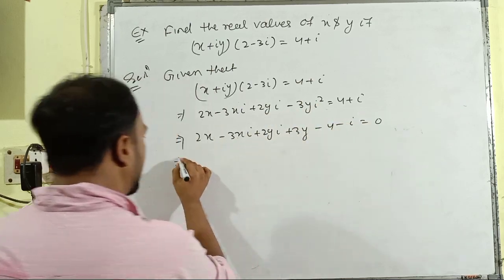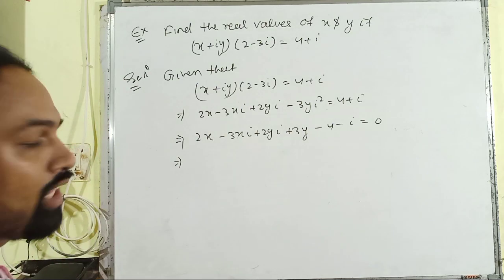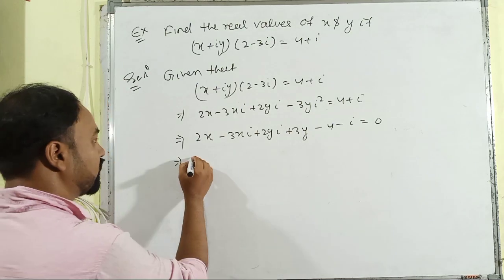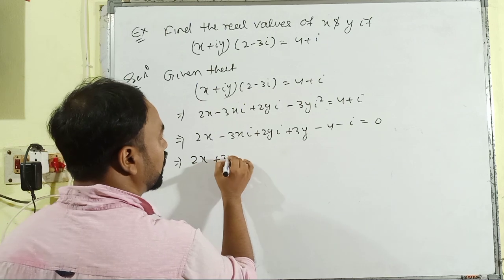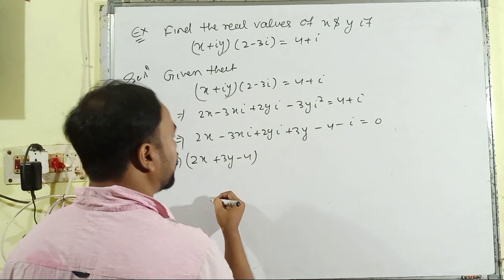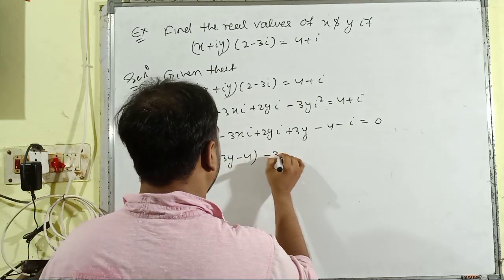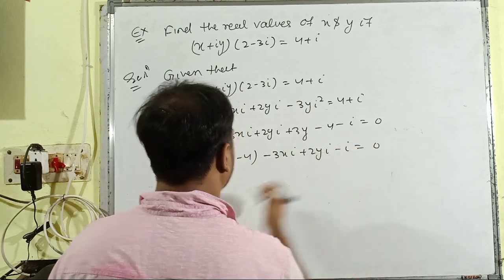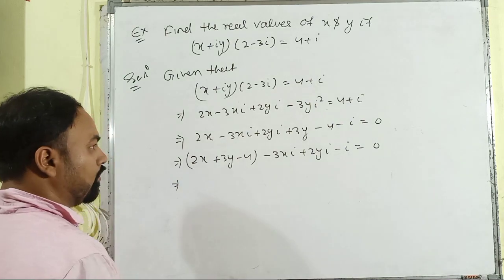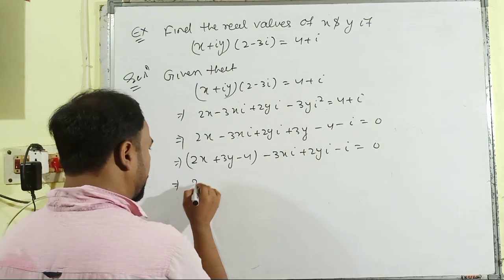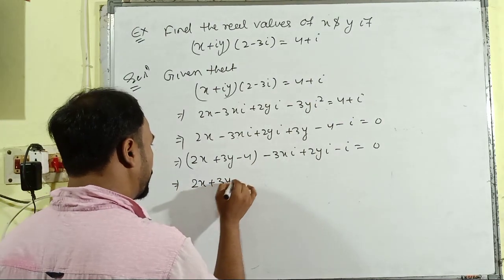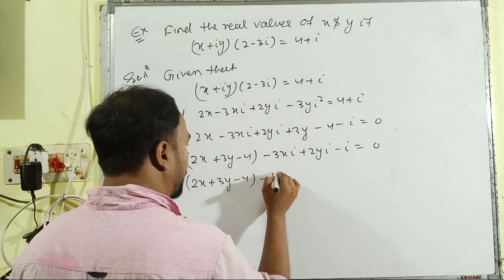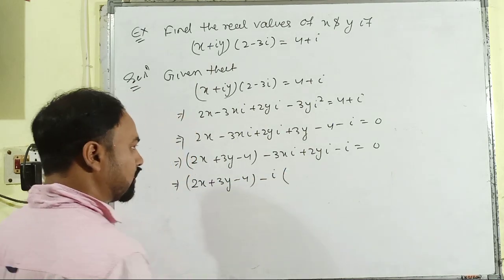Now let us combine the real parts as well as the imaginary parts here. 2x plus 3y minus 4, and then minus 3xi plus 2yi minus i, is equal to 0. Then let us take a minus i common from the last three terms.